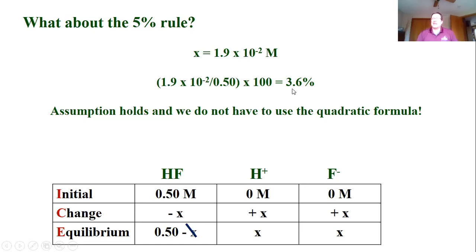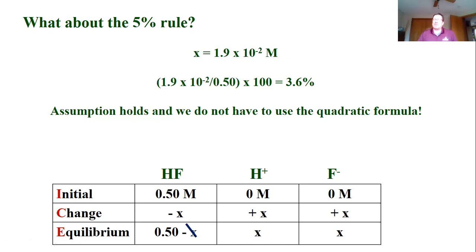It turns out that is 3.6%. So our assumption holds. If we'd done the quadratic equation, our answer wouldn't have been significantly different, so we don't have to. We can just go with our assumption, which was to get rid of X and just have X times X over 0.5.